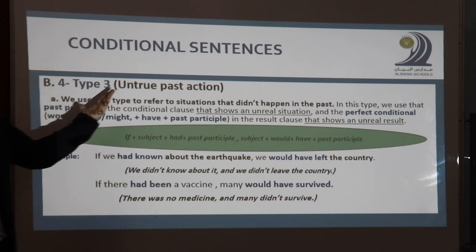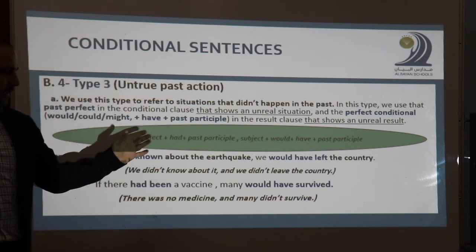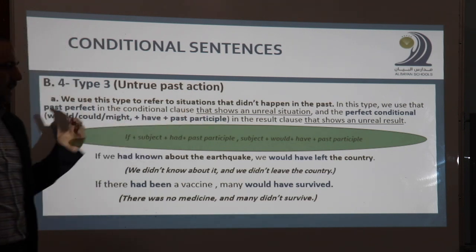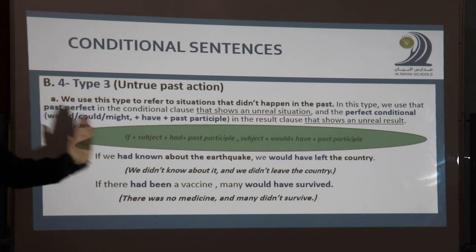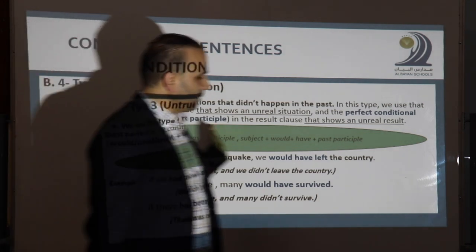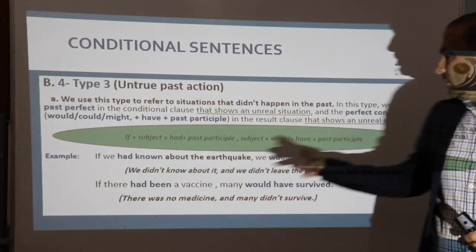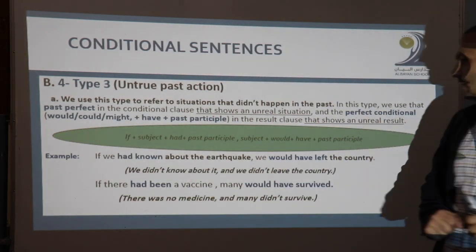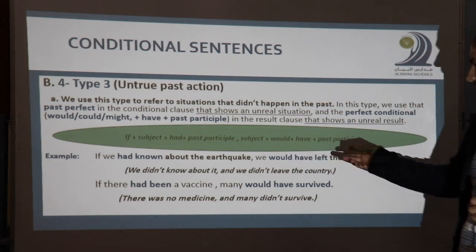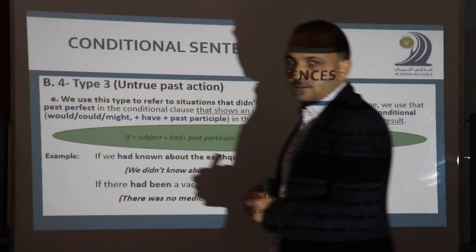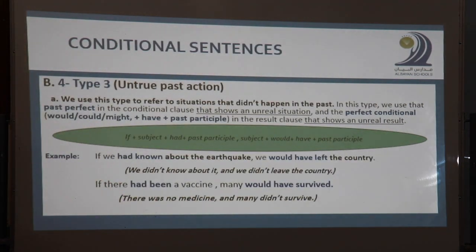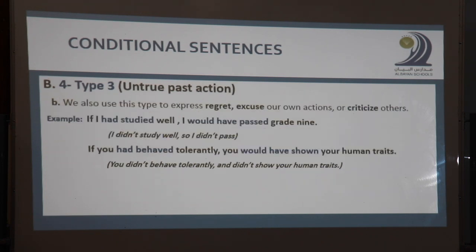Actions that didn't happen in the past, didn't take place in the past, where we use the past perfect in the conditional part, so had plus past participle of the main verb, and in the result one we use would plus have plus past participle of the main verb. These are the three types.